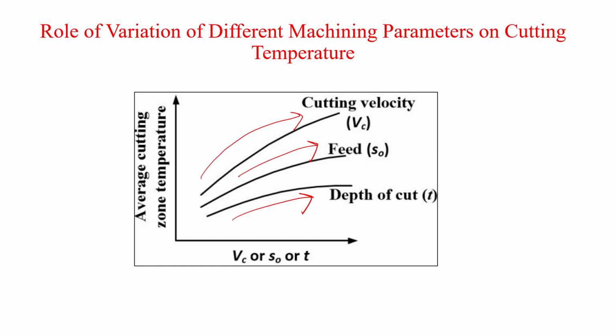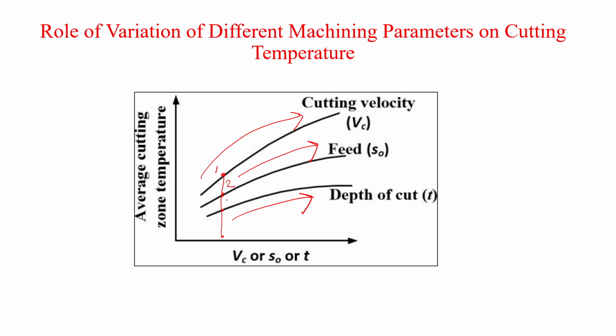Out of the three, we can see that the cutting velocity has a major impact on the temperature. For the same increase, for example at this point, you can see the increase in temperature for V is very high. Second is the feed, and third is the depth of cut.